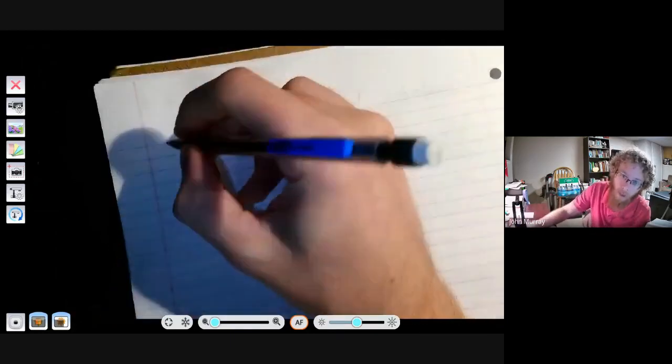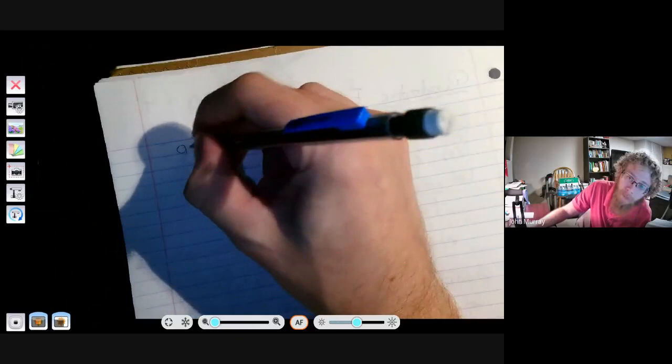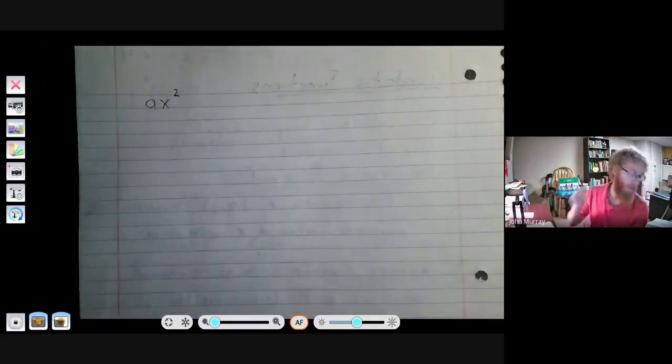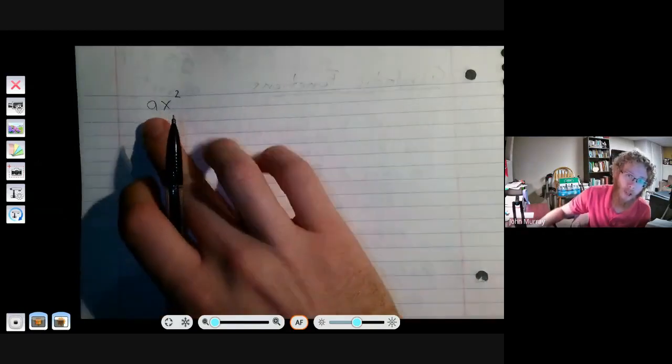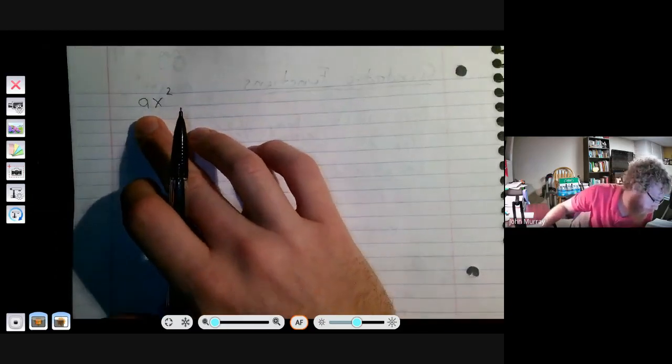So looking at our leading coefficient, the ax squared part, depending on what our a is, tells us something else about our graph.